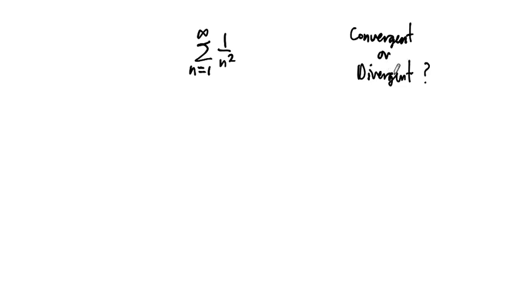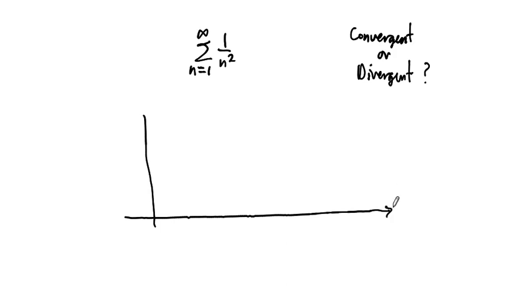Does it converge? And for this series, this is not the most complicated series, at least the 1 over n squared is not the most complicated. So what we can do is replace the terms in the series, sometimes called a summand, the 1 over n squared, by a function, and we can plot the function 1 over x squared. So I've drawn here a set of xy axes.